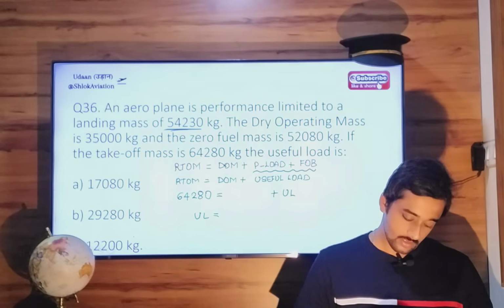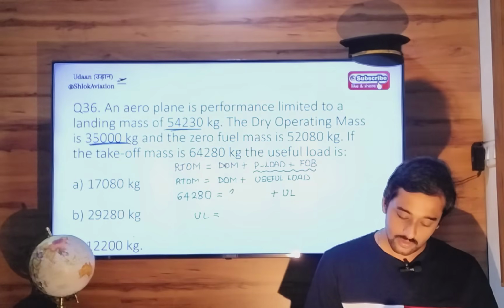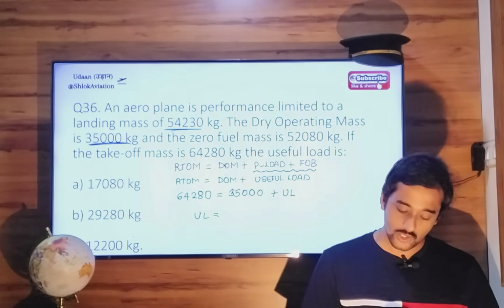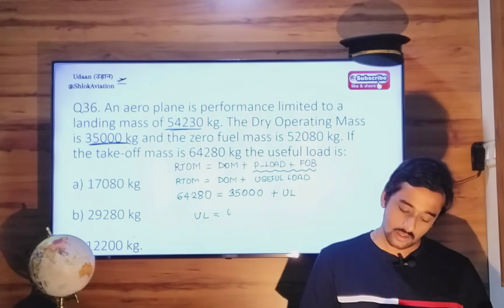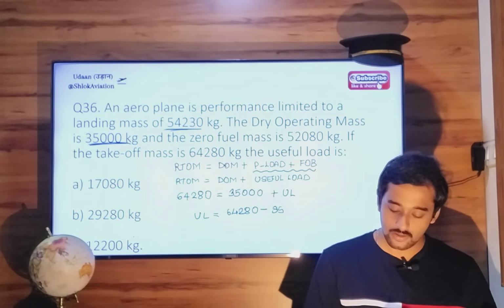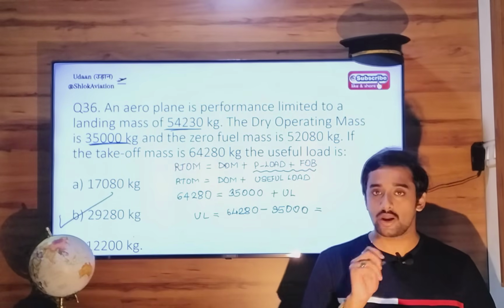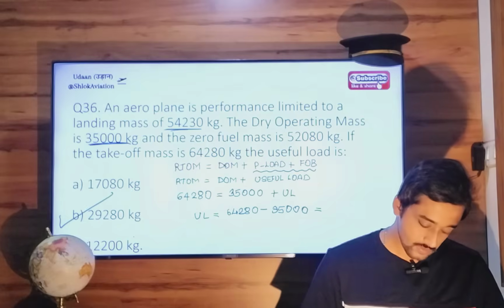DOM is 35,000 kg. So useful load will be 64,280 minus 35,000, which is equal to 29,280. Option Bravo.